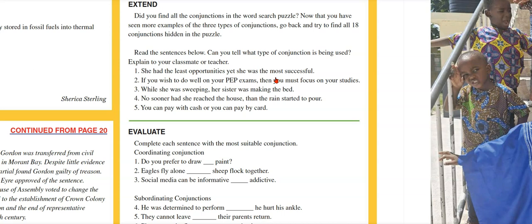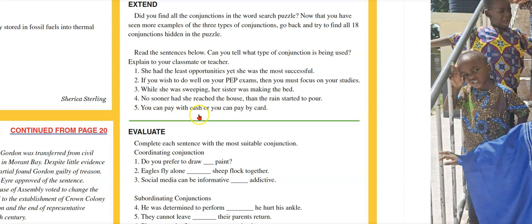If you wish to do well on your PEP exams, then you must focus on your studies. While she was sleeping, her sister was making the bed. No sooner had she reached the house than the rain started to pour.